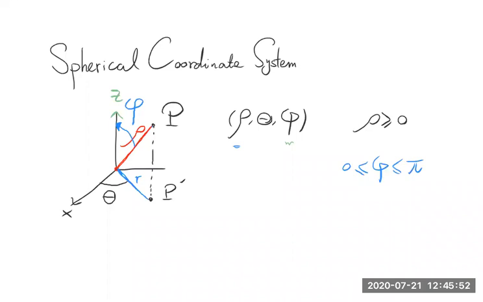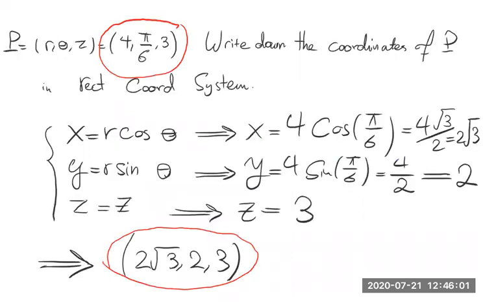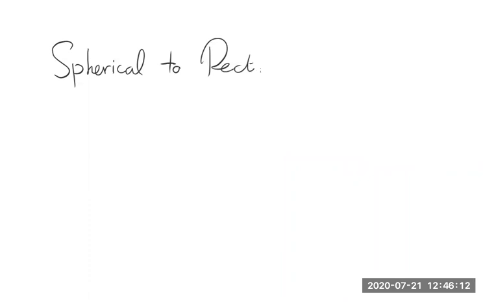So how can we go from rectangular coordinates to spherical coordinates, and how can we go back from spherical coordinates to rectangular coordinates? Okay, from spherical to rectangular, it's a simple geometry problem. Actually, you can do it if you're interested. It's trigonometry.